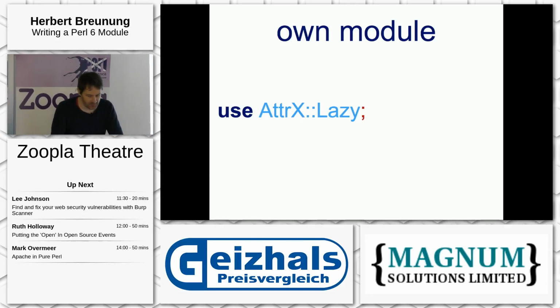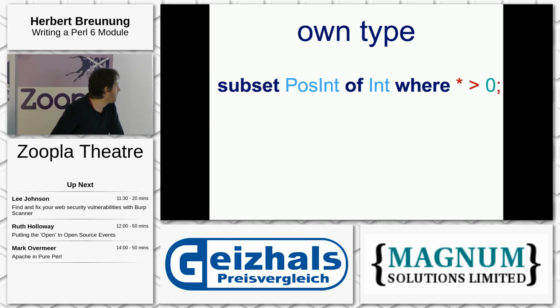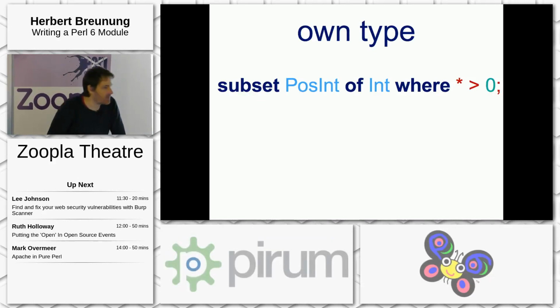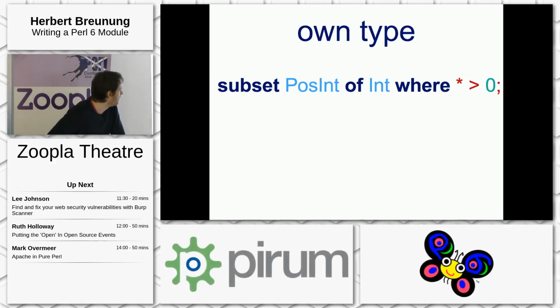What supporting structure, which modules you want to provide, and which data types you will need. So you can reuse your own names, which makes your code more expressive. This is just a puny, simple example for a positive int, just to demonstrate.